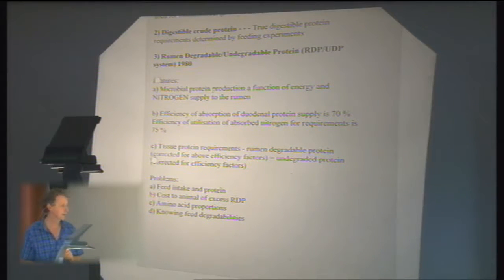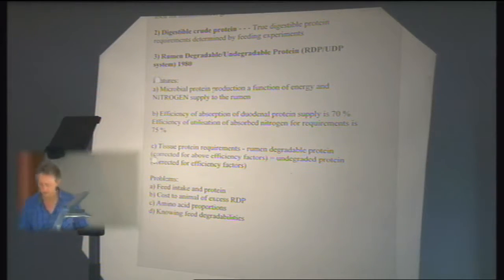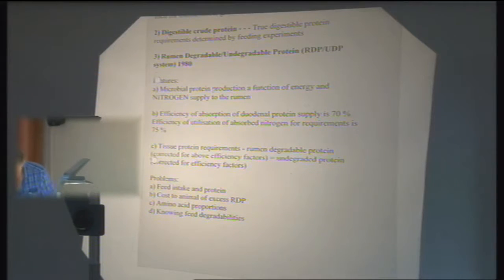So this is assuming that the amino acids are in the right proportions and assuming that we know the degradabilities of the feeds. For those of you that are scientifically oriented, and I think most of you are, there are problems with determining the degradability. How do we do that? Anyone know how?